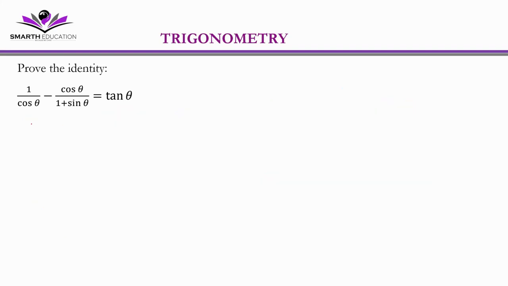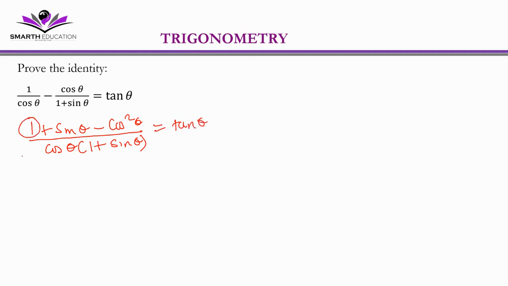So we're starting here: 1 plus sine theta minus cos squared theta over cos theta times 1 plus sine theta is equal to tan theta. Remember that 1 is equal to cos squared theta plus sine squared theta.